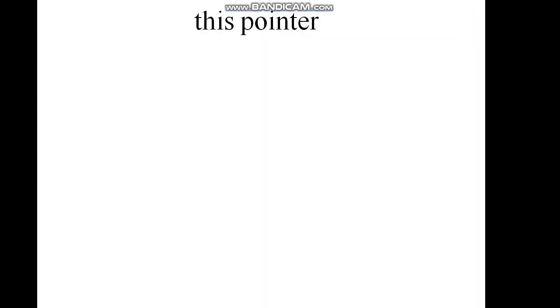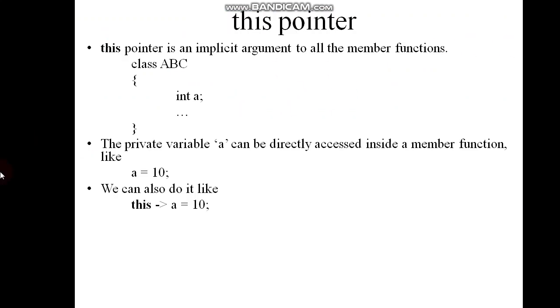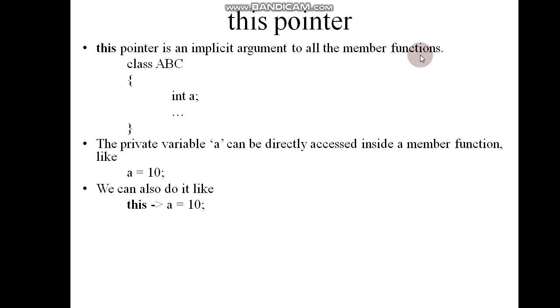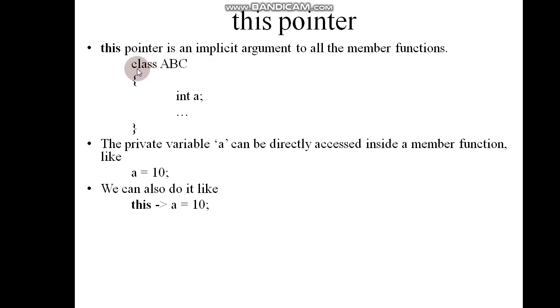Let's continue with this pointer. So this pointer is an implicit argument to all member functions, as we discussed in the previous session. ABC is a class which has a private data member in it, A. So private data member A can be directly accessed inside member functions like this.